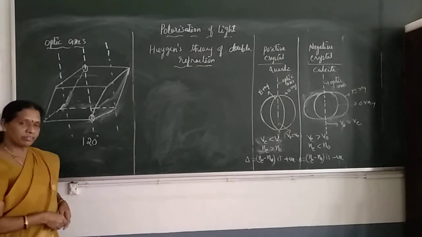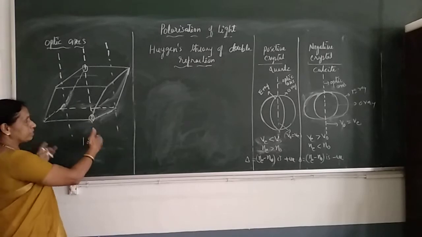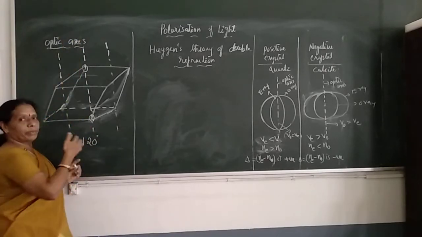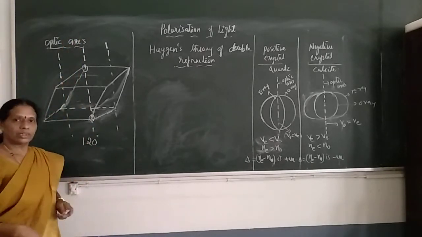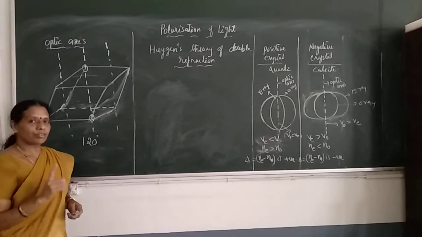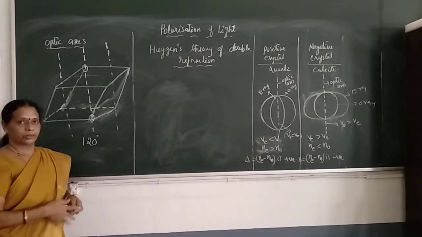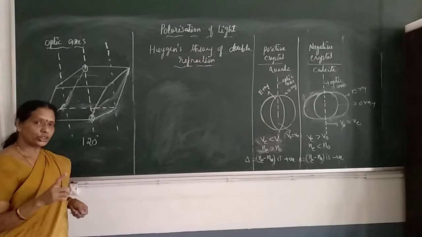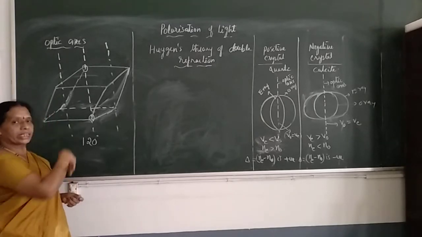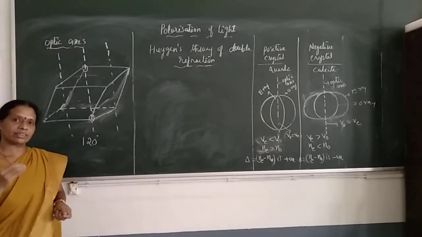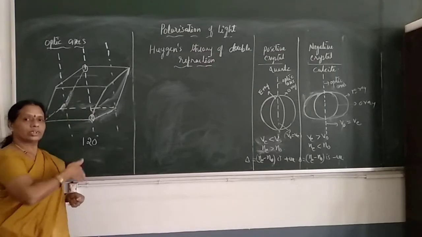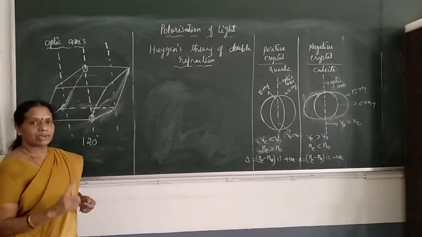One more thing: suppose light enters the crystal along the direction of the optic axis, say in this direction. Then no double refraction occurs along this direction. Light does not show double refraction along the optic axis. So we define the optic axis also as the direction along which there is no double refraction.